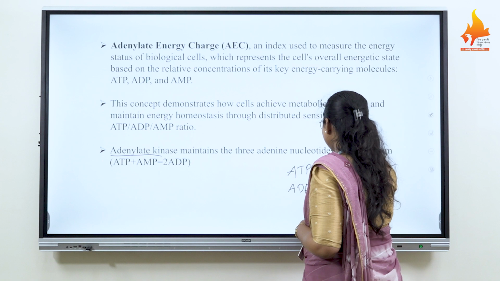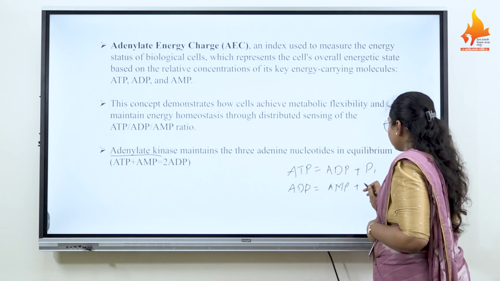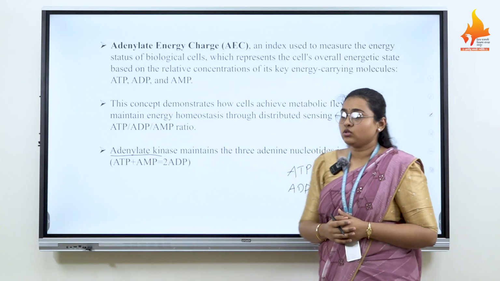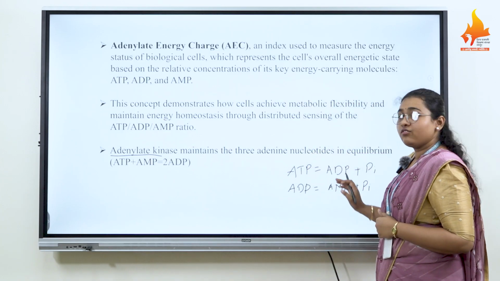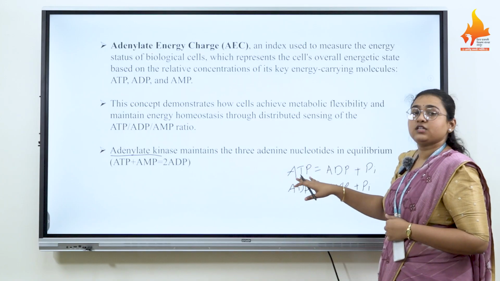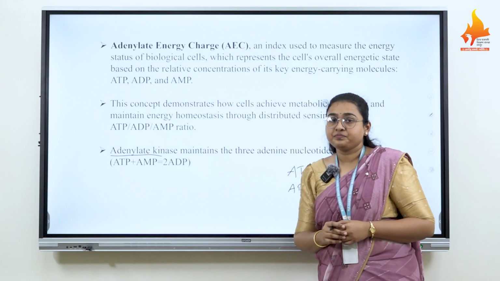ADP is catalyzed into AMP plus inorganic phosphate. These are reversible reactions. So ADP can be formed from AMP with the combination of inorganic phosphate, and ATP can be formed with the combination of ADP and inorganic phosphate.